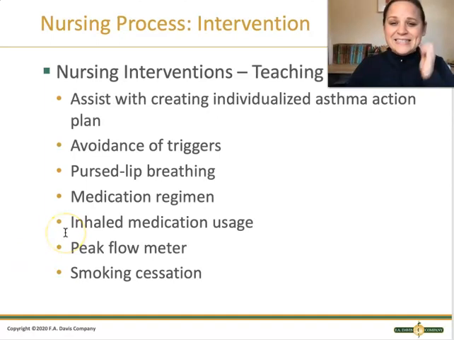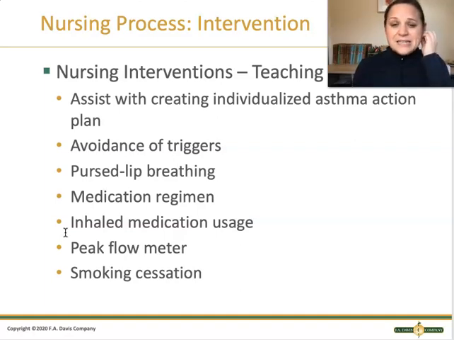And then finally, teaching. Remember, teaching is so important for any of these chronic conditions that patients are going to manage at home. We want to keep people safe and healthy and out of the hospital. And so that means really partnering with our patients and providing them the resources they need to be successful.